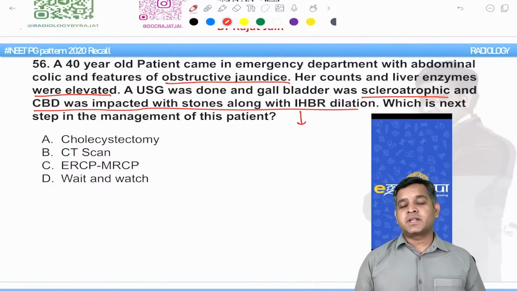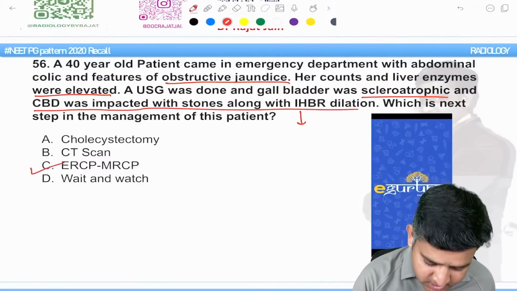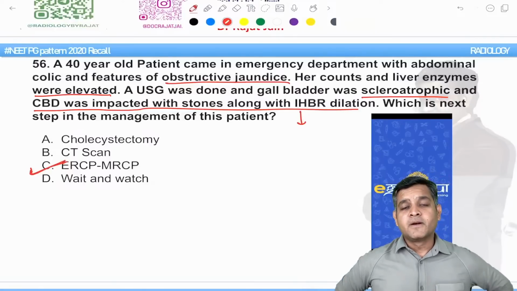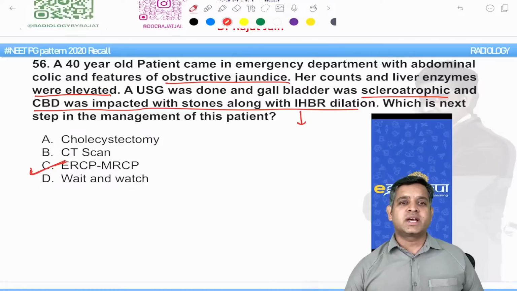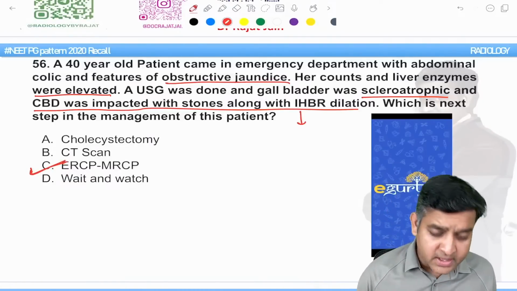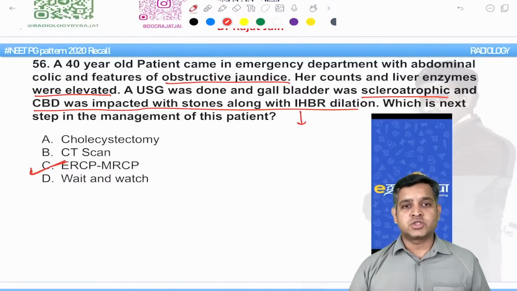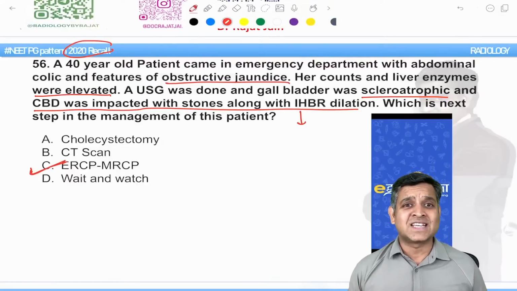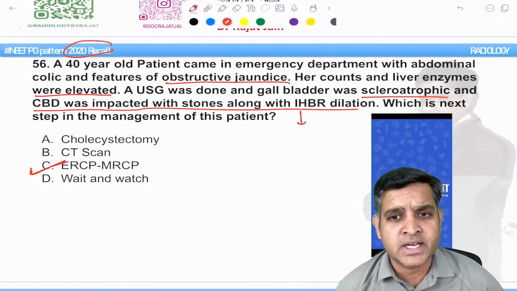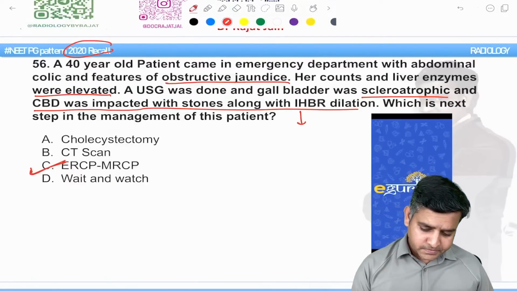What is the next step in the management of the patient? Answer is MRCP, then ERCP. First, identify the exact location of the stone on MRCP and then do an ERCP to take out these stones. So that is why this is the best answer out of these options. NEET PG 2022. I have tried to recall almost the exact language of the question, the way that it was there in the paper. All right.